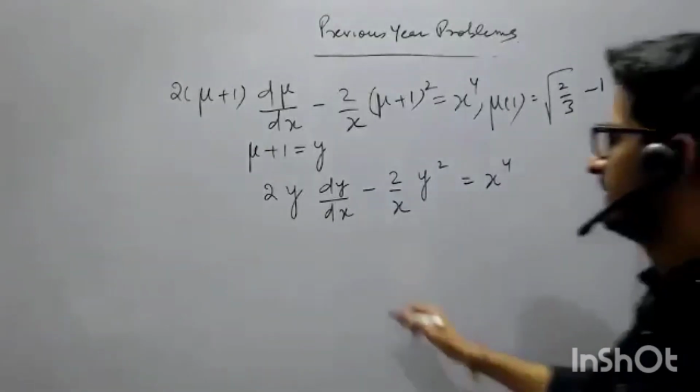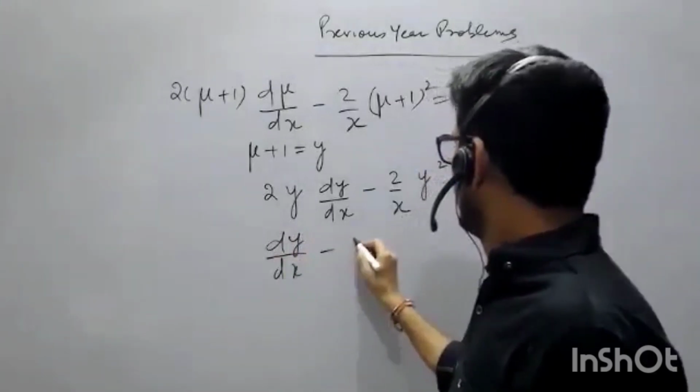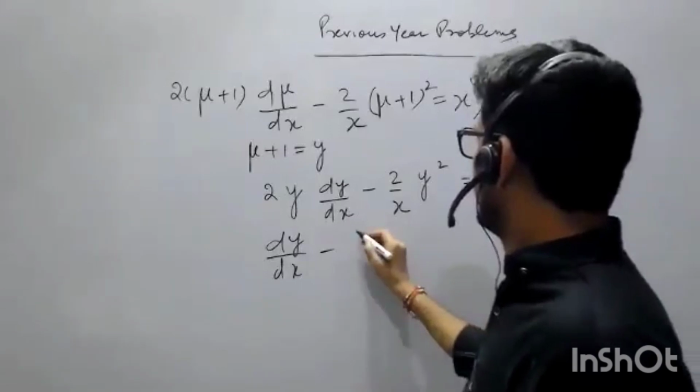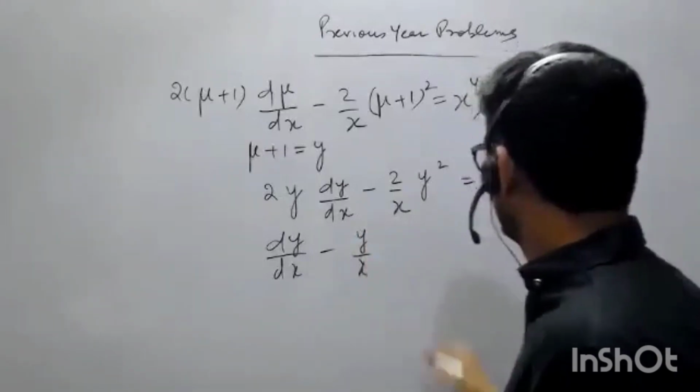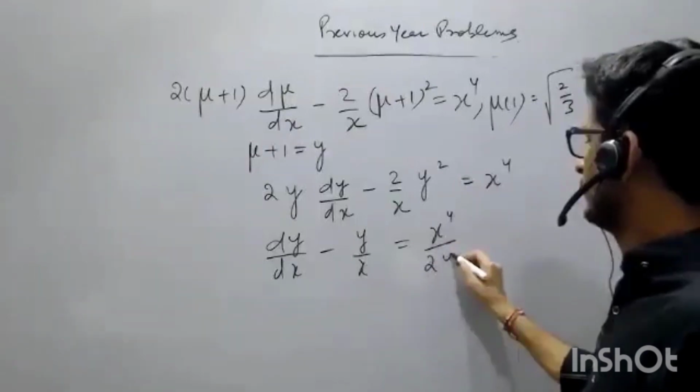And if I divide it, it will become dy by dx minus 2 by x, 2 will be cancelled, minus y by x is equal to x to the power 4 by 2 times y.